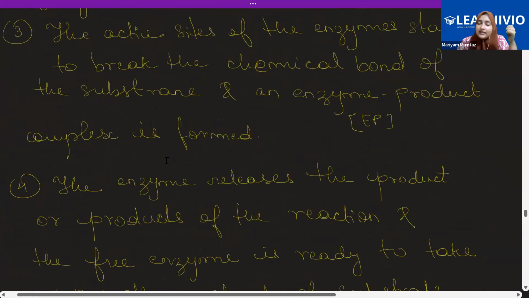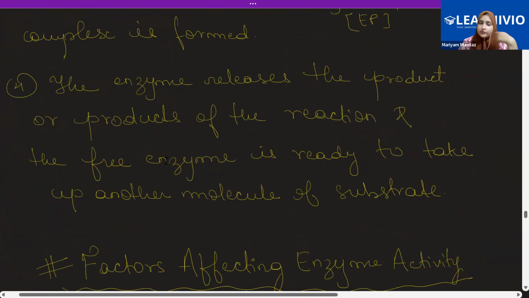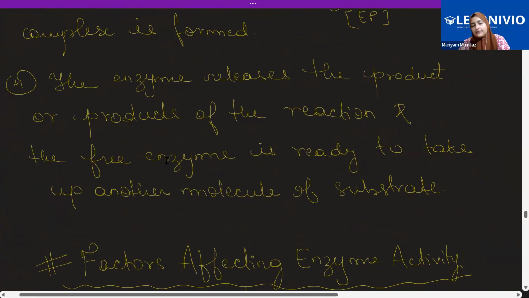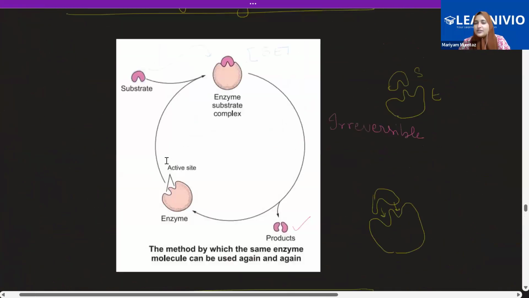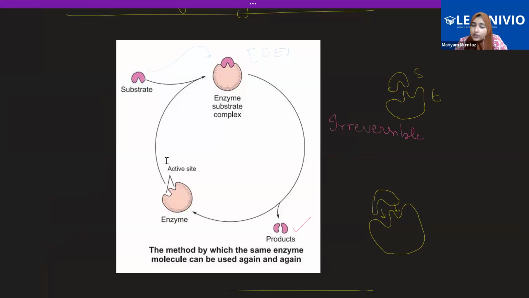And then the enzyme releases the product and is ready to be used for another reaction. So is enzyme action clear to you? Because they can ask you this in exams, like write the enzyme action, how does the enzyme work, and how is the enzyme specific. So you have to take these things. Clear?